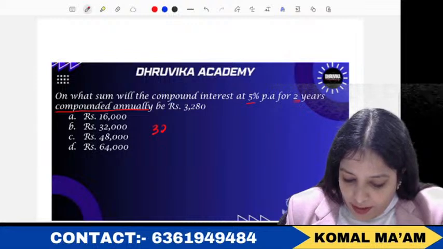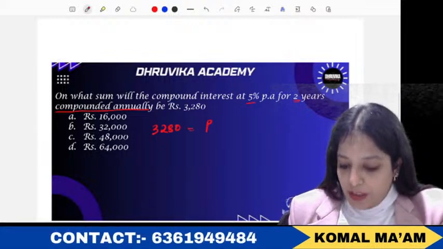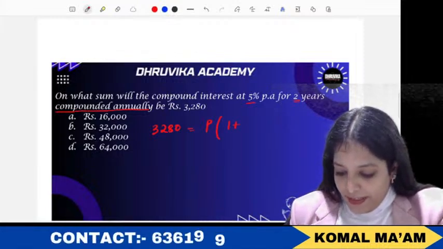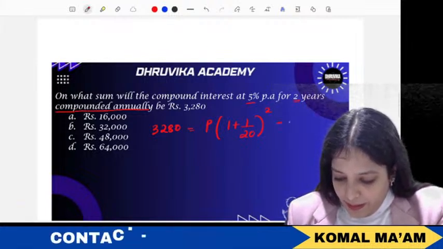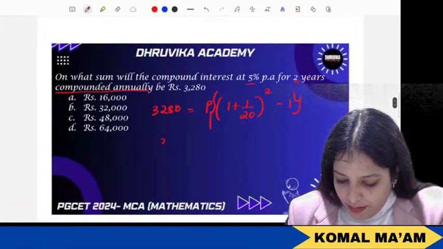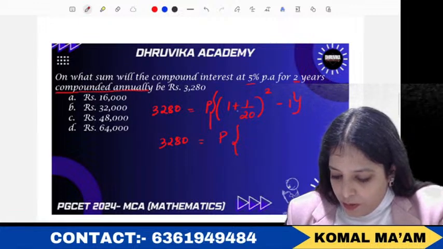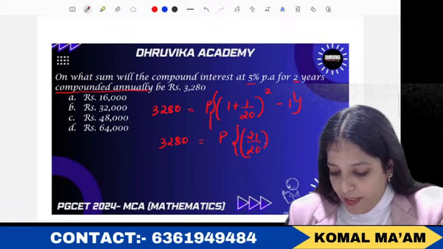So 3280 is equal to principal, which we need to find, into 1 plus 5%, we'll write it as 1 by 20, raised to the power 2 and then minus 1, right? So 3280 equals P into 21 upon 20 square minus 1.